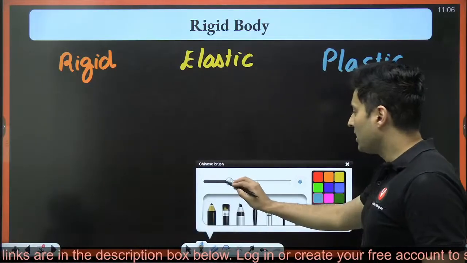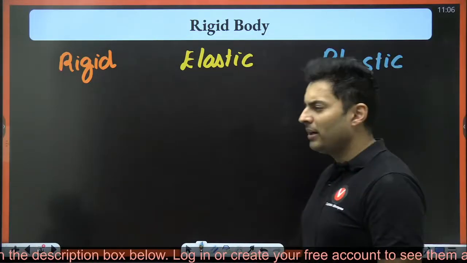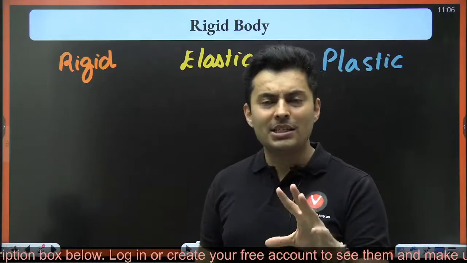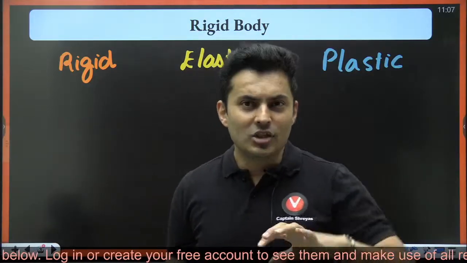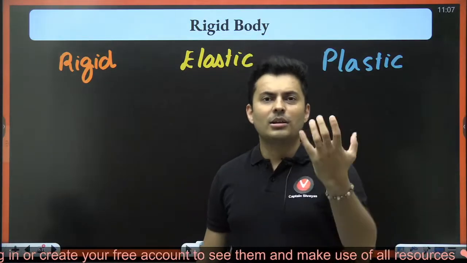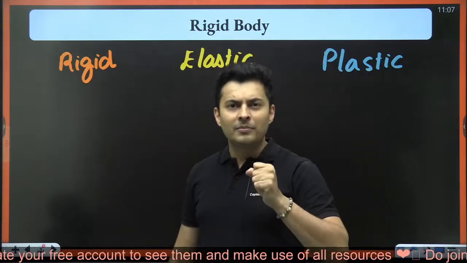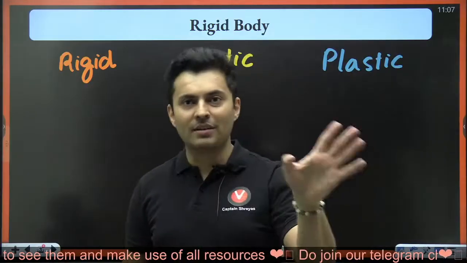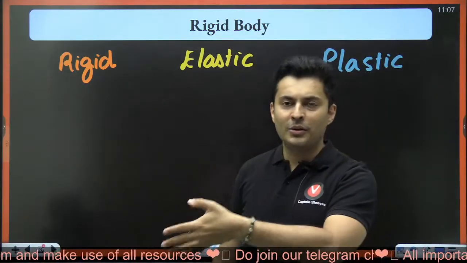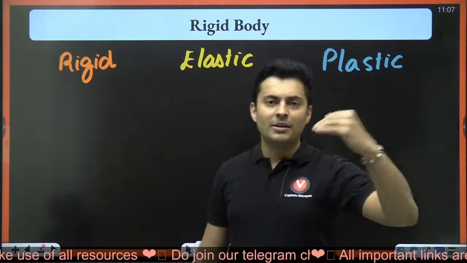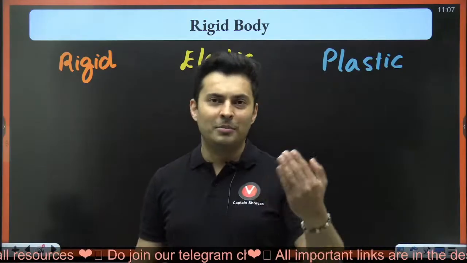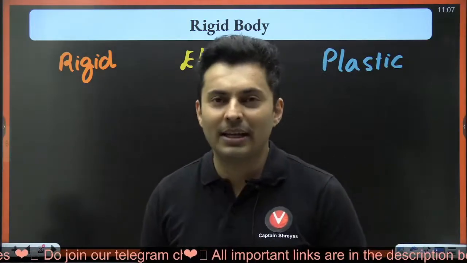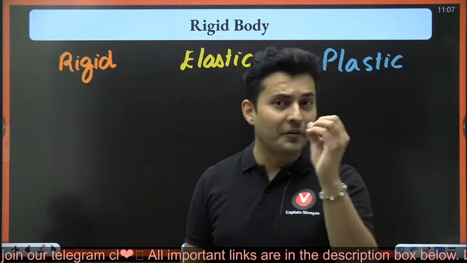To start off with, what is the meaning of the word rigid? Rigid means does not change, does not get affected. Like, the teacher is very rigid, meaning no matter what you tell, ma'am please give a break, the teacher will not listen. Ma'am please leave us here, or can I come after 5 minutes to the class, I will be late. No, the teacher won't listen. So that is rigid.